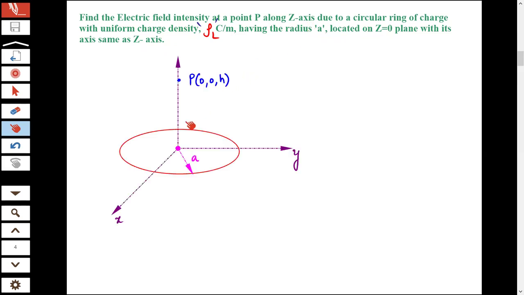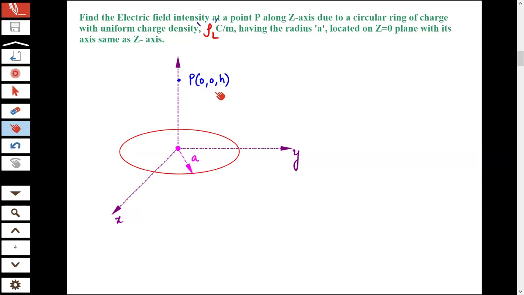We can give the graphical representation as such, with the circular ring lying on z equal to 0 plane and radius of A with axis as z-axis will have center at origin. And the observation point P is along z-axis. Here we are considering a height of h along z-axis, giving the coordinates of point P as 0, 0, h.